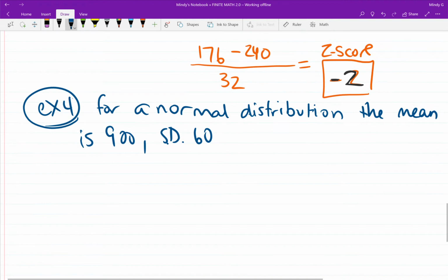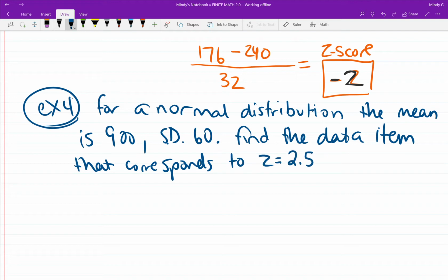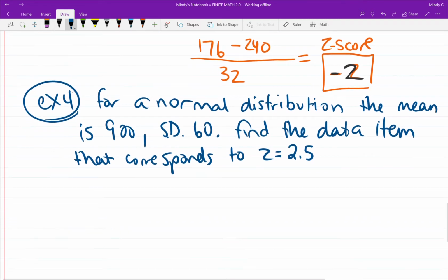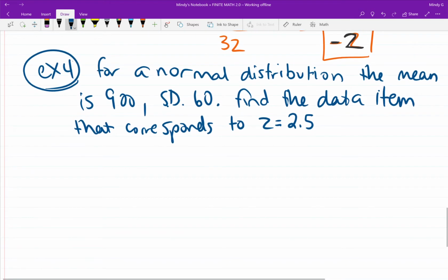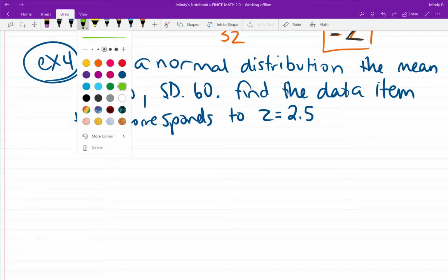Find the data item that corresponds to z equals 2.5. That's algebra. Now we're finding the data item.